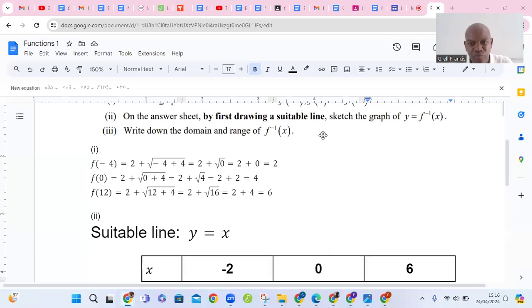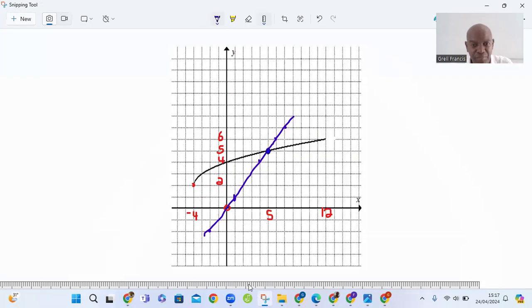Now remember, it says that we've got to sketch the graph of f inverse of x. So we have some points here. We have -4, 2. We're going to invert that point. It's going to become 2, -4. 0, 4 going to become 4, 0. And 12, 6 going to become 6, 12. Let's indicate how this can be done.